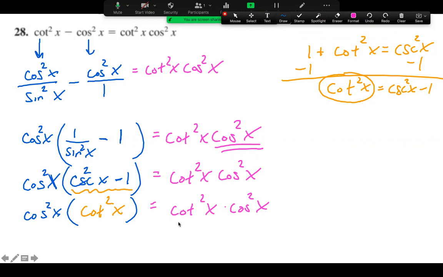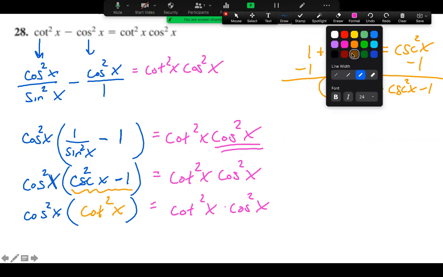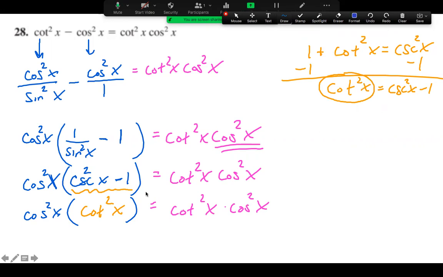The only difference is in pink on the right, cotangent squared is first, cosine squared is second. So I can easily do that since multiplication is commutative and you can switch the order. Cotangent squared x first times cosine squared x second does indeed equal cotangent squared x times cosine squared x second, verified.